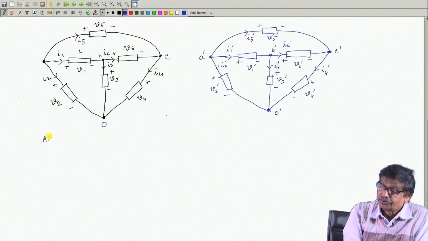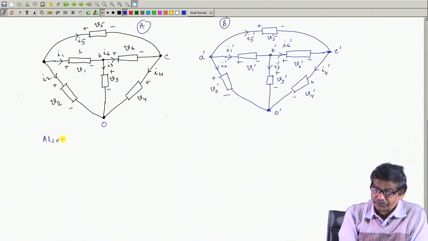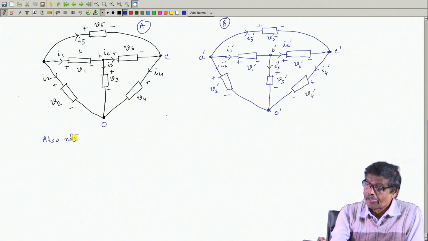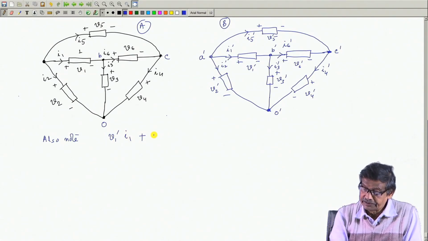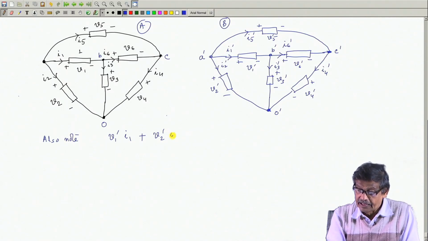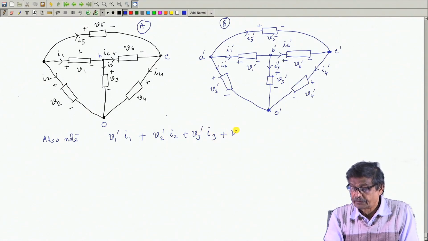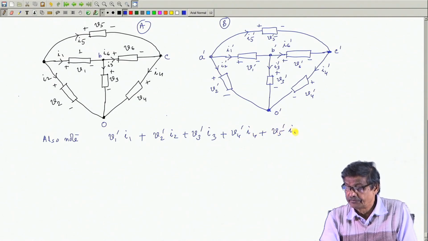Also this is network B, this is network A. Also note that V1 dashed into I1 I will do, plus V2 dashed, voltages of these networks multiplied by the respective current in the first network, that is network A, actual current I2, plus V3 dash I3, plus V4 dash I4, plus V5 dash I5, plus V6 dash I6.